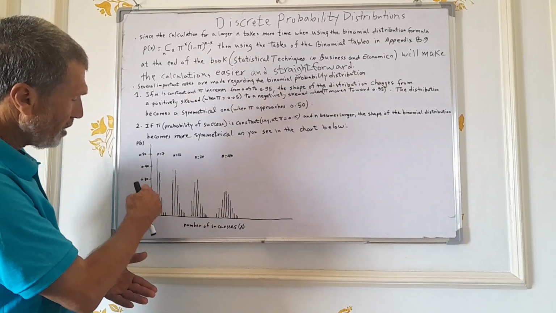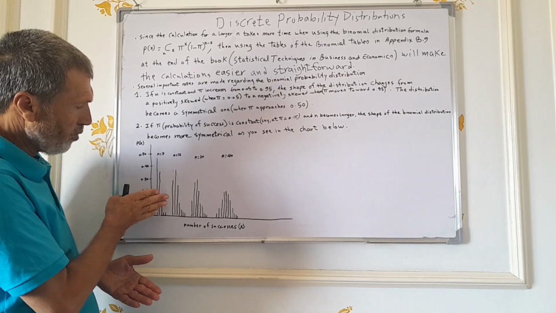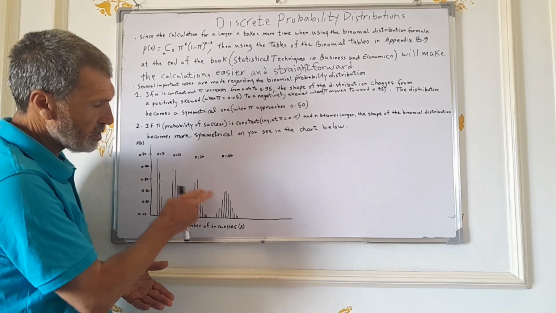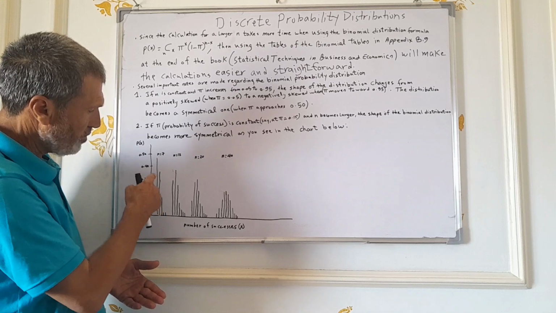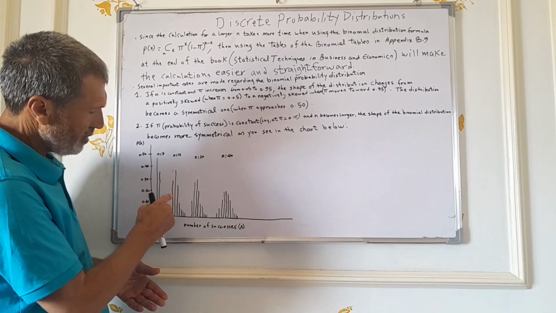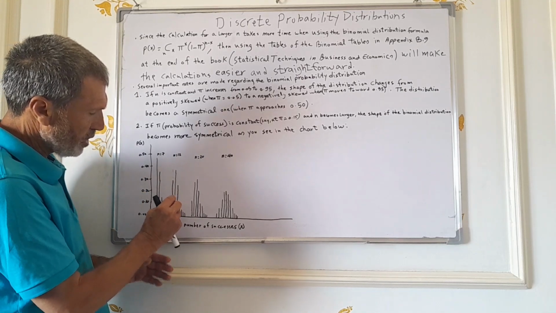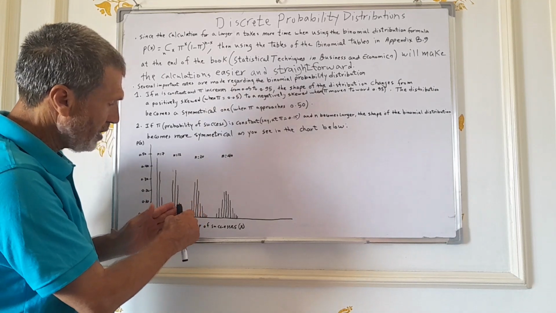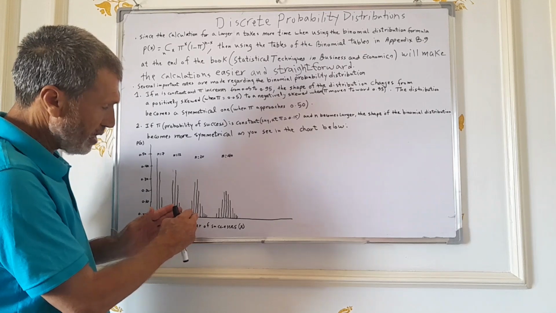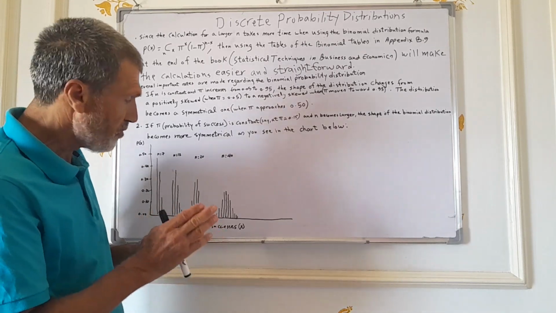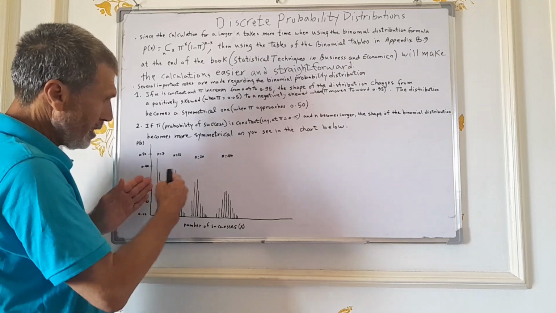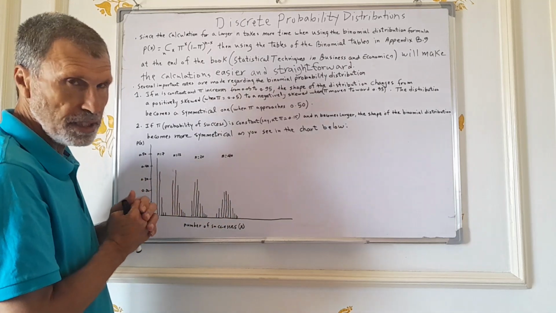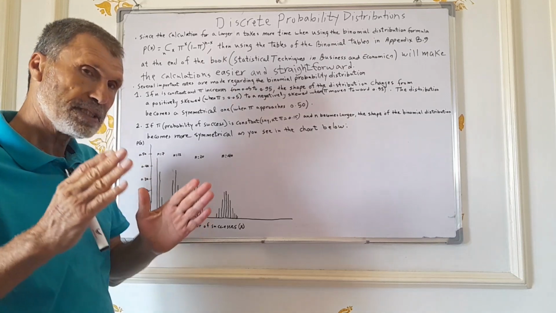As you can see, it becomes almost normally distributed. Here it is positively skewed, then it fixes itself to become close to normal, then close to symmetrical, and then very symmetrical. So as n increases and pi is fixed, we end up with a symmetrical distribution.